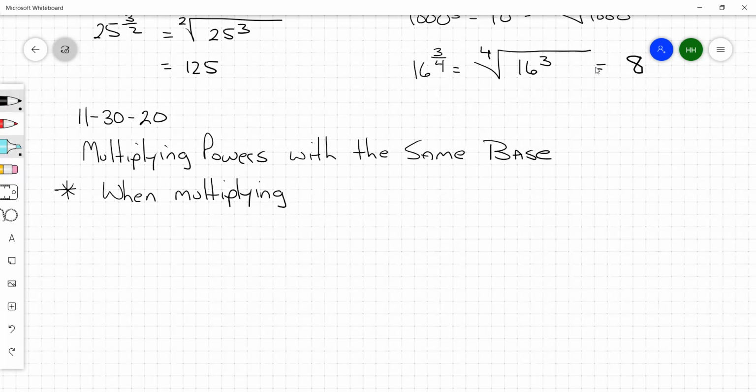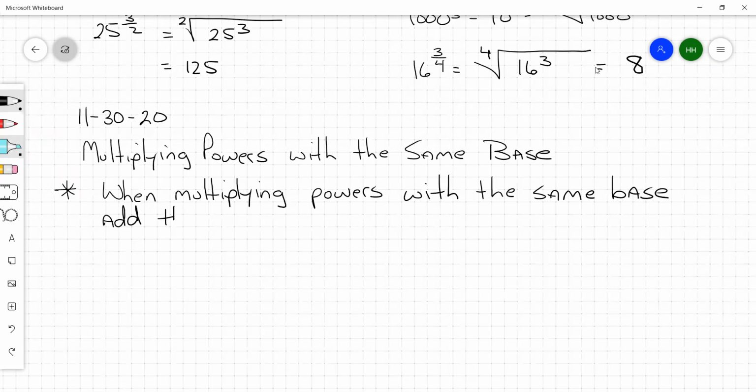When multiplying powers with the same base, add the exponents. When you're multiplying powers with the same base, you add the exponents.